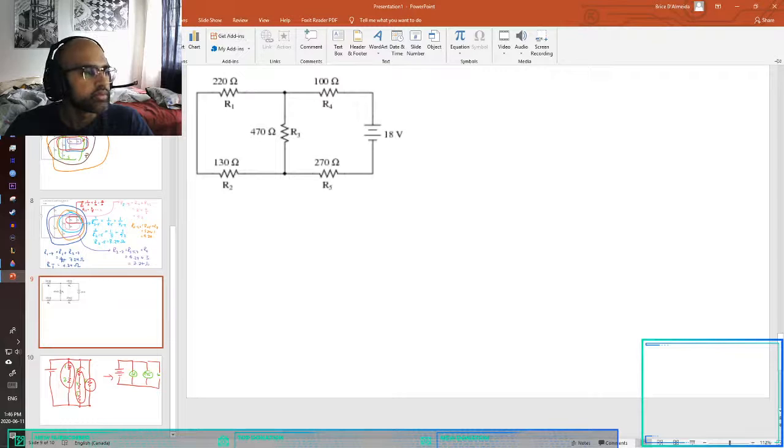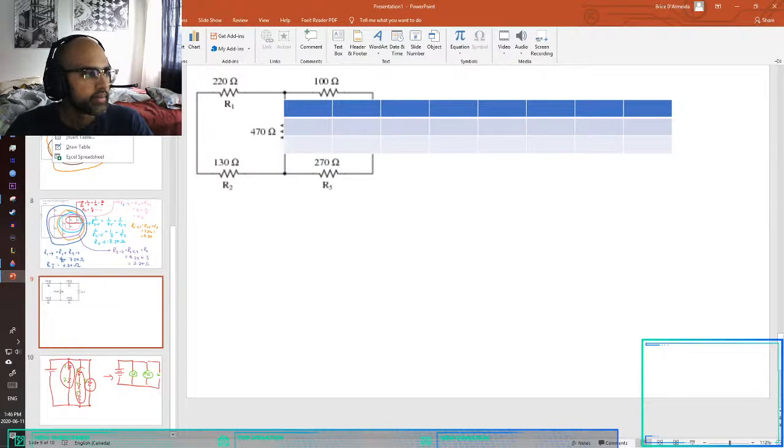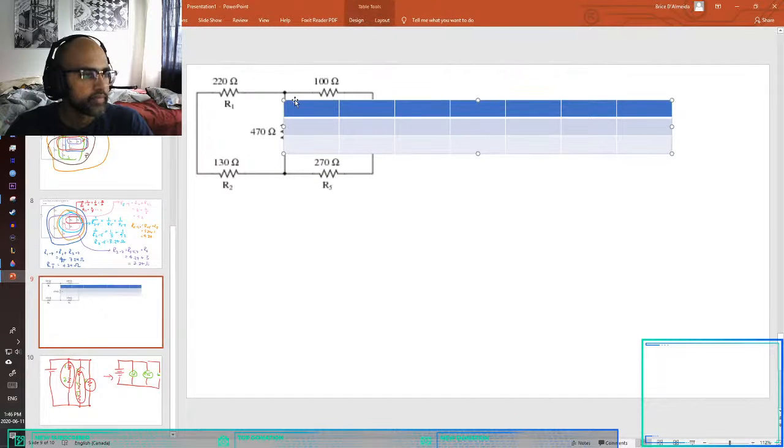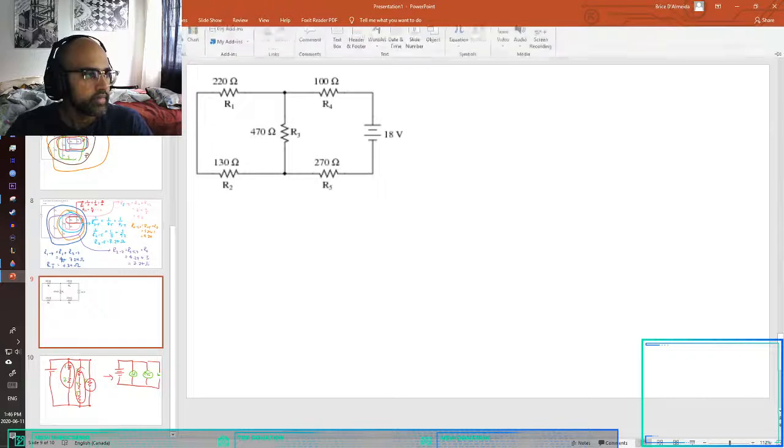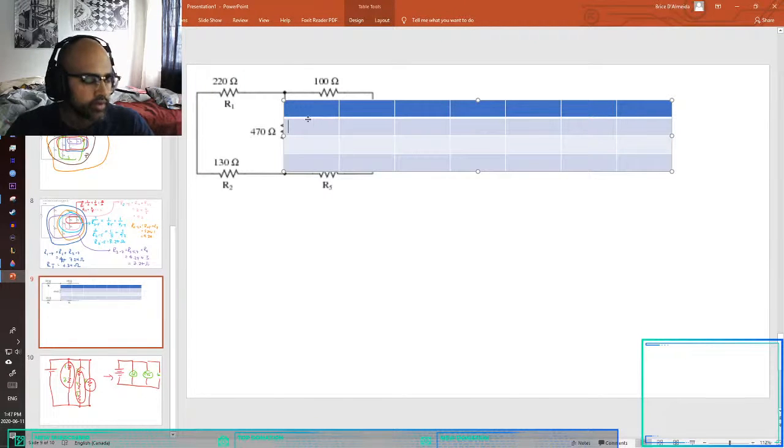Table. Okay. 7 columns, 4 rows. Yes. Okay. So we have good old voltage, current, resistance. 1, 2, 3, 4, 5, and total.